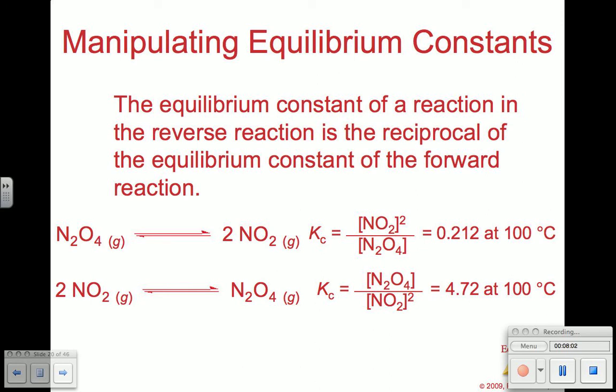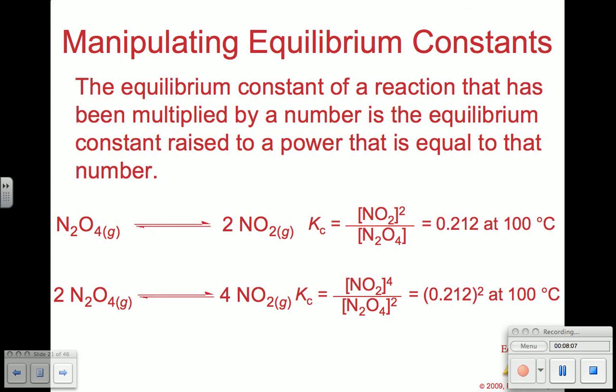The equilibrium constant of a reaction that has been multiplied by a number is the equilibrium constant raised to a power equal to that number. So let's say the whole reaction, you notice with the first reaction the coefficients are 1 and 2, and the equilibrium constant is 0.212.